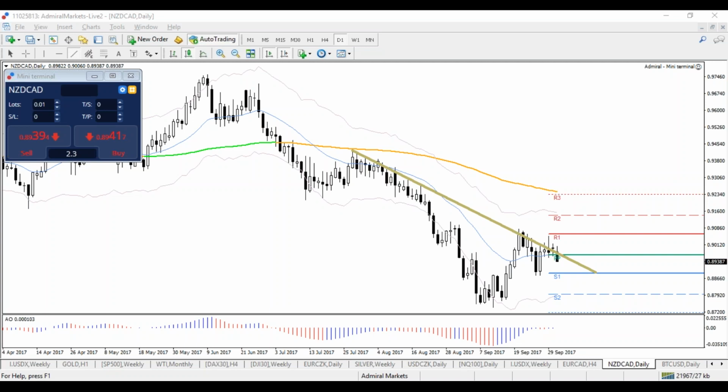Just need to see how it responds to this 4-hour trend line. So this 4-hour candle could be a good Mariposa candle too, in a way. If it closes like that, what could happen is even if it just falls down to the 61 or the 78.6 fib, there's still a good breakout potential here.